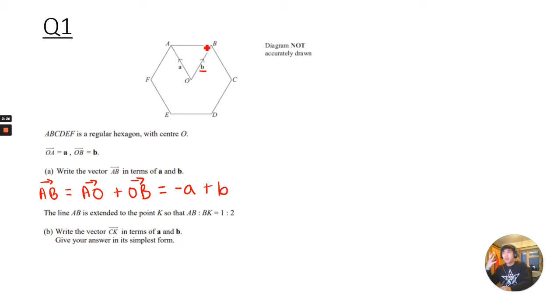So AB is extended, so I'm going to keep going a bit further. It says AB to BK is 1 to 2, so I know that B to K is going to be twice as long as A to B. So it's best to draw it as accurately as I can, just to help us see things better. So A to B is there, and I'll say K is about here.